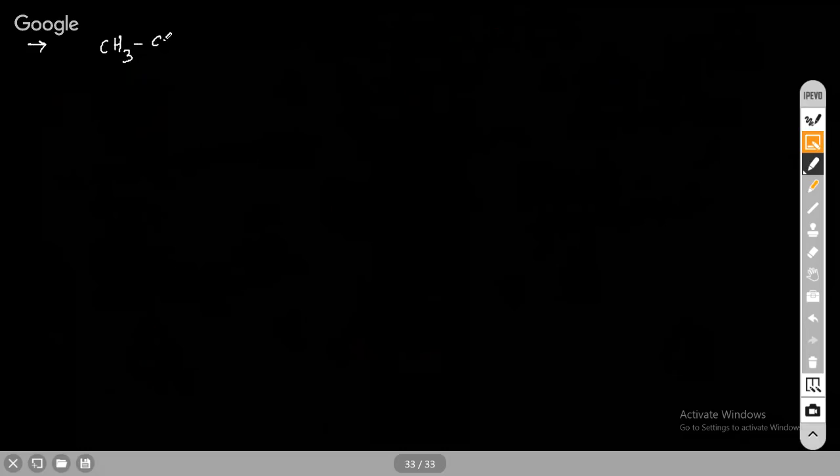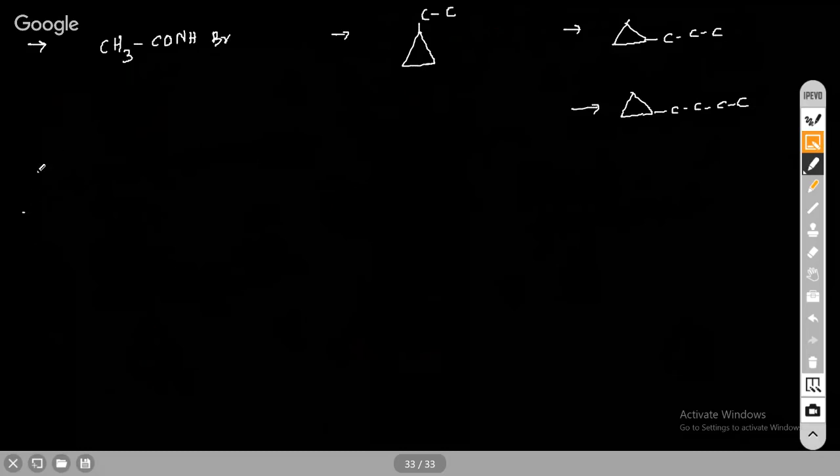CH3 CONHBr. These 4 compounds, and we have this.